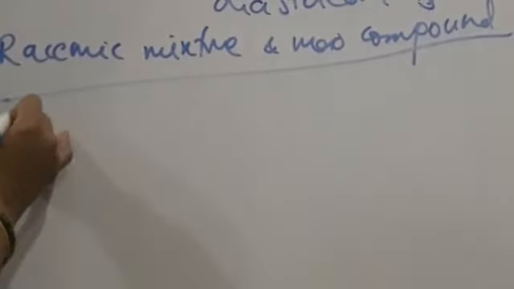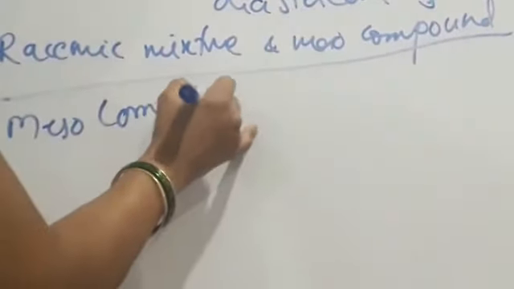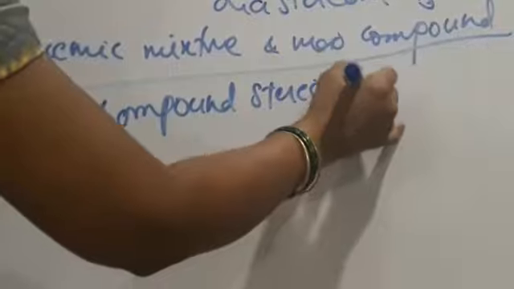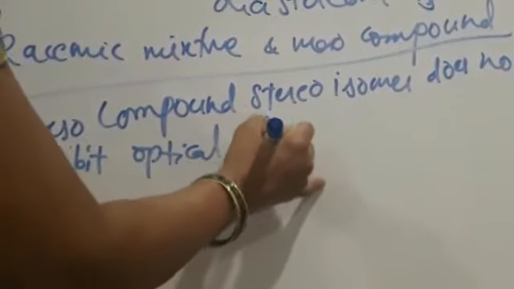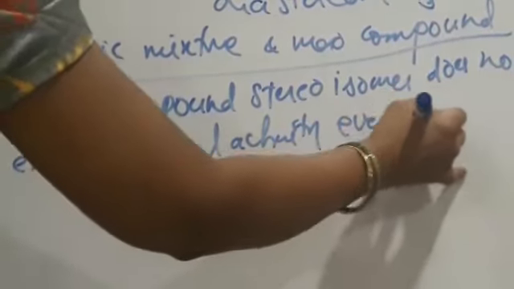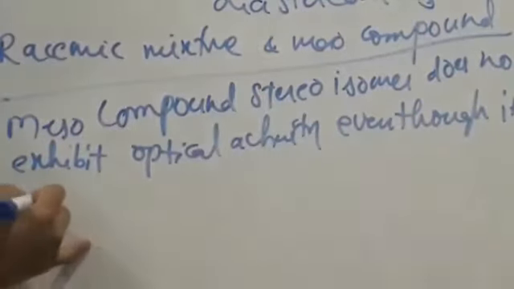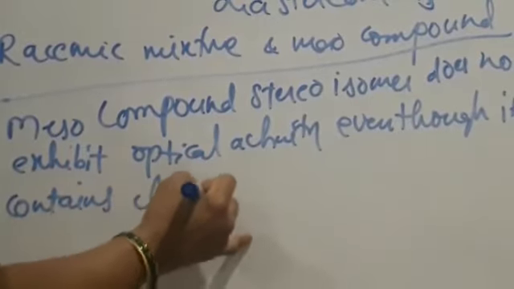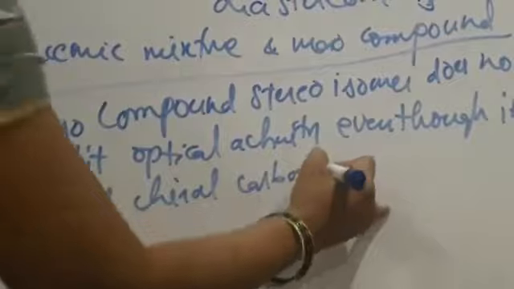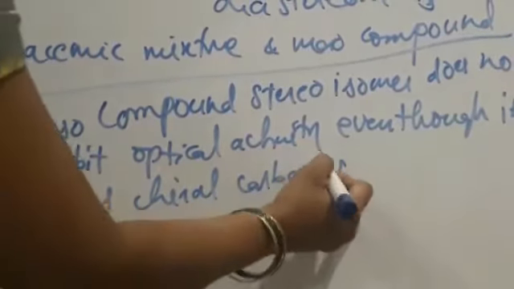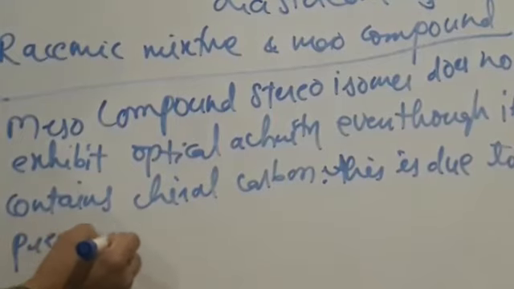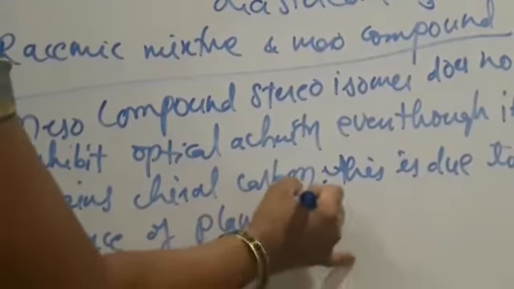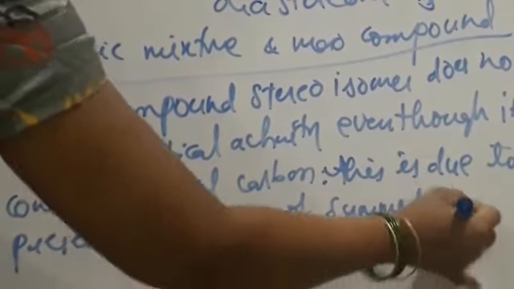A stereoisomer that does not exhibit optical activity even though it contains chiral carbon is a meso compound, and this is due to the presence of a plane of symmetry.